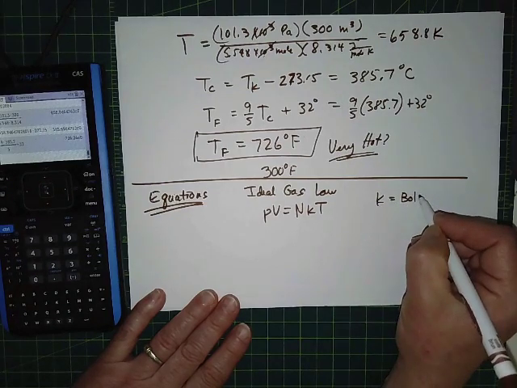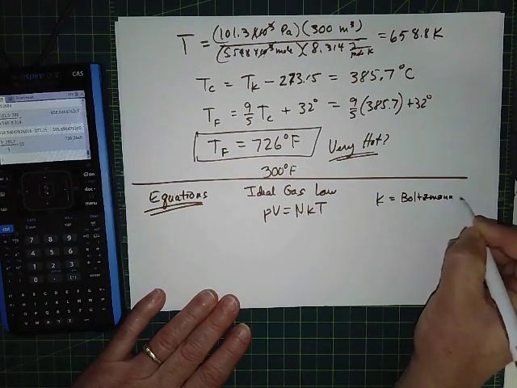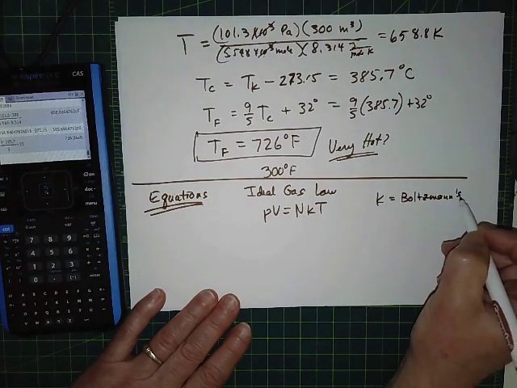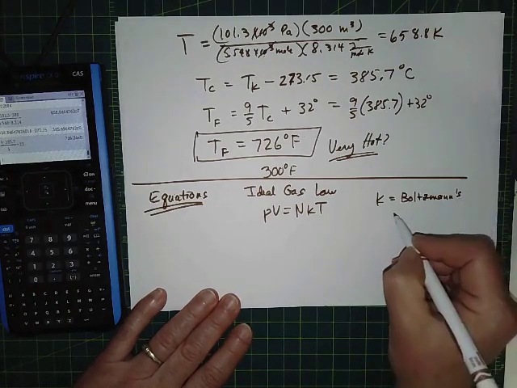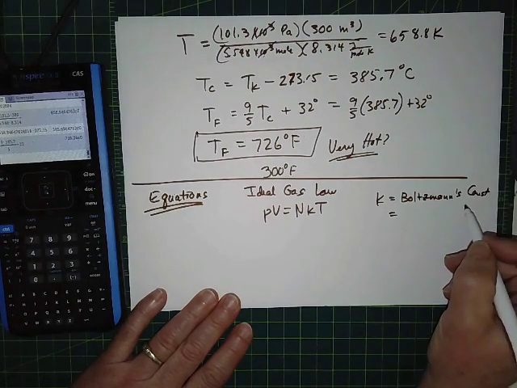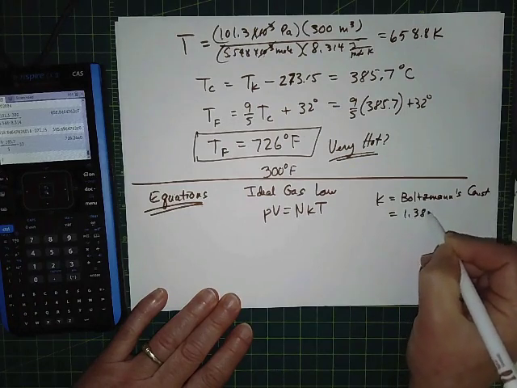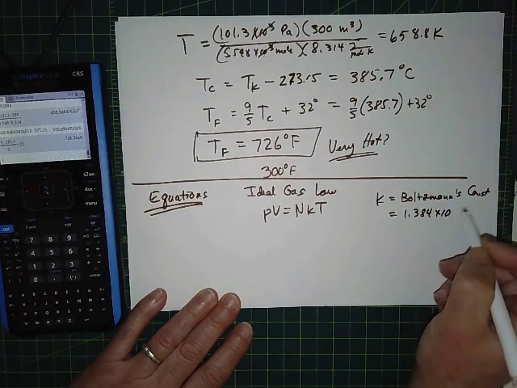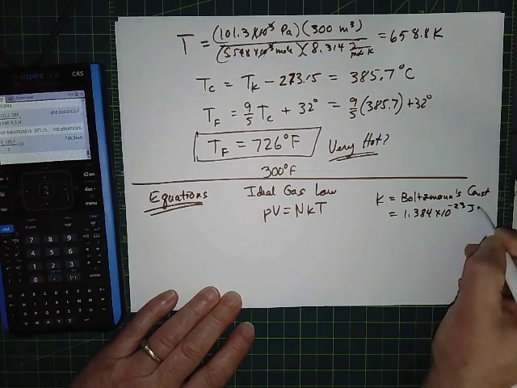Let me see if I can spell this: Boltzmann with two n's at the end, constant, and it's equal to 1.384 times 10 to the negative 23 joules per Kelvin.